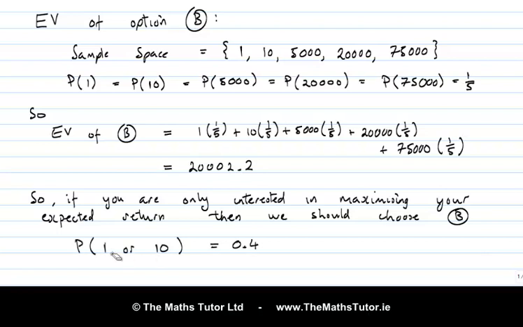Well, this event consists of 2 outcomes, 1 or 10, and these are all equally likely outcomes. So the probability of this event is the number of outcomes, which is 2, divided by 5, and that's 0.4. So you have a very high probability of ending up with almost nothing when you choose option B. So we call option B a high-risk strategy.